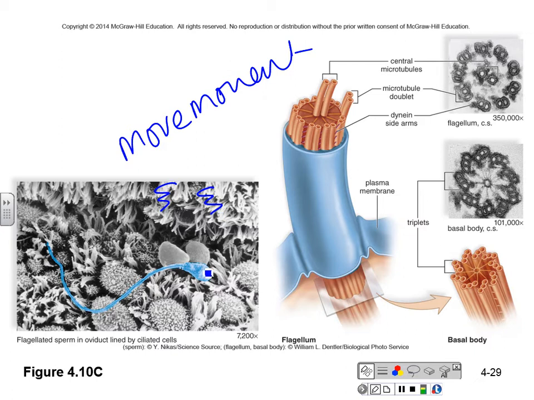And then this here is a sperm cell, and they're trying to show you the sperm cell with its flagella. So the flagella is just a very orchestrated cytoskeleton filament arrangement that allows for this whip-like movement to occur.